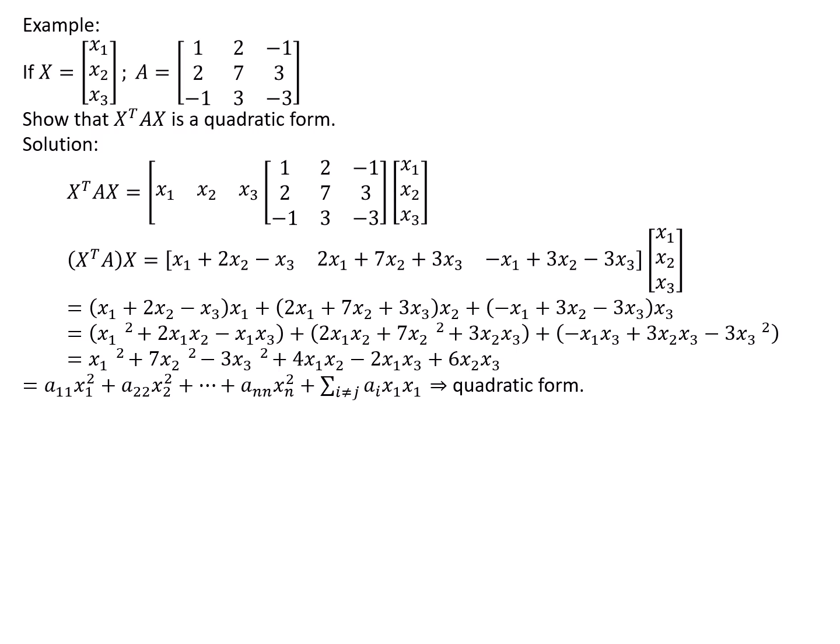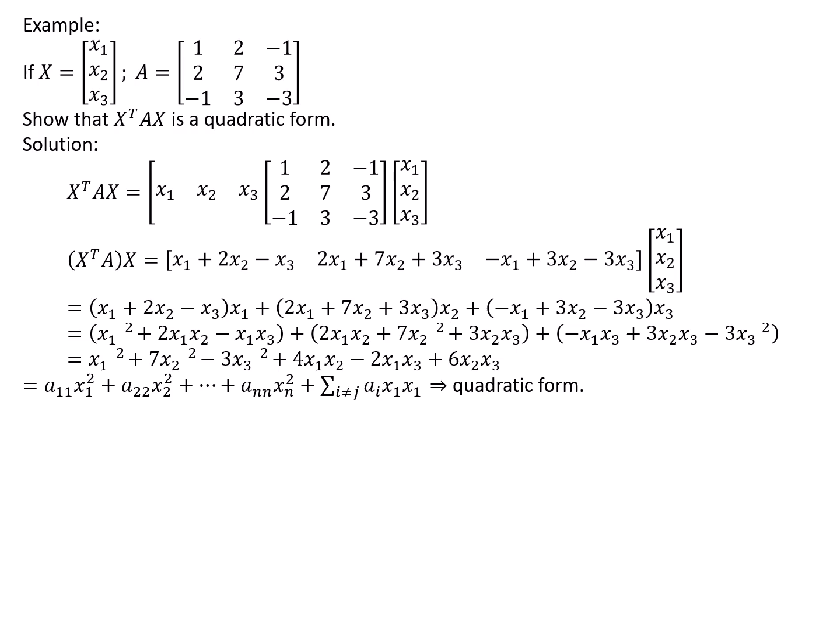Then 2x1 plus 7x2 plus 3x3 to multiply your x2, plus minus x1 plus 3x2 minus 3x3 to multiply your x3. And that is what you have here.